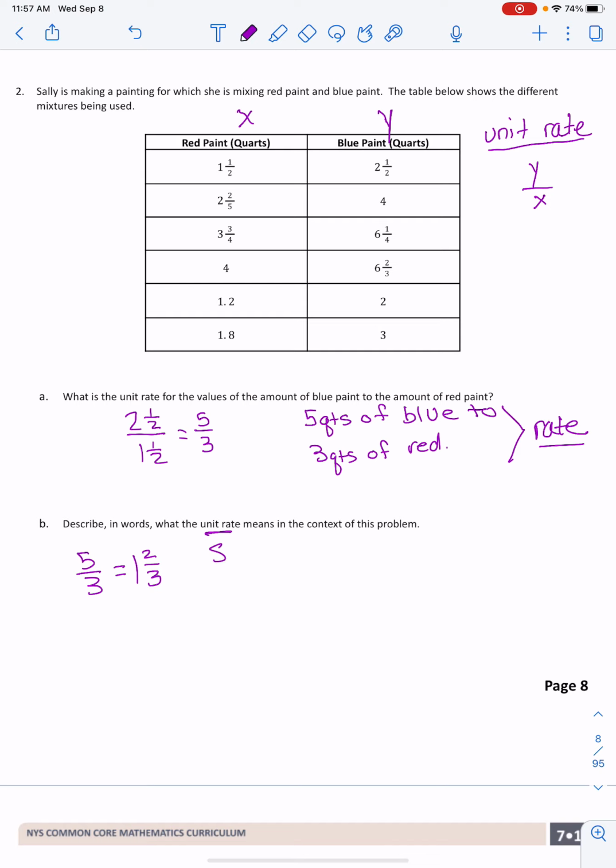So Sally needs 1 2/3 quarts of blue paint.